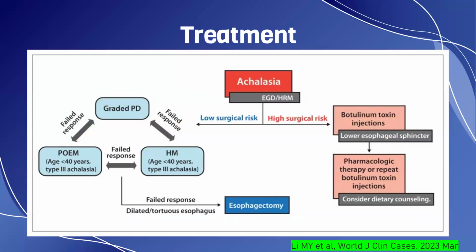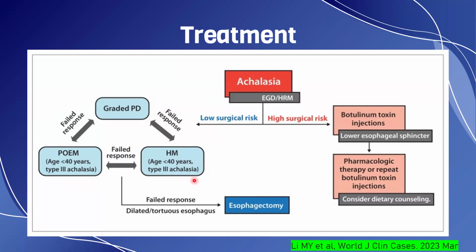Treatment for achalasia is again graded as low surgical risk or high surgical risk. If the patient comes under low surgical risk, we will go for graded pneumatic dilatation. If there is a failed response, we can go for POEM if the patient is less than 40 years and has type 3 achalasia, because they are the ones who will benefit most from POEM.